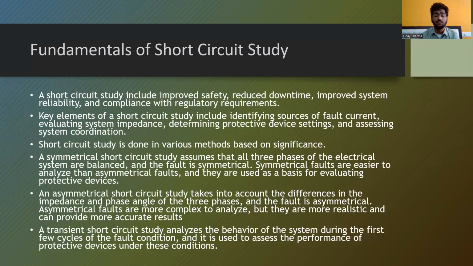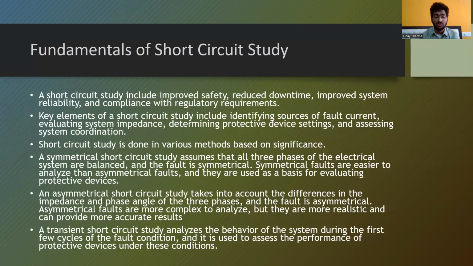Asymmetrical faults are more complex to analyze, but they are more realistic and can provide more accurate results. A transient short circuit study analyzes the behavior of the system during the first few cycles of the fault condition. It is used to assess the performance of protective devices under these conditions.